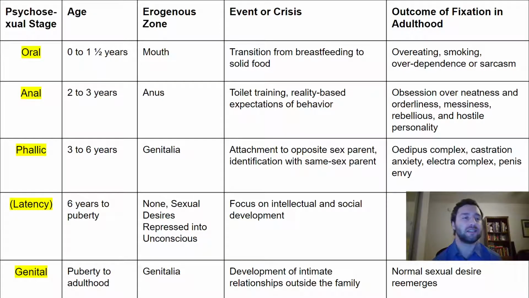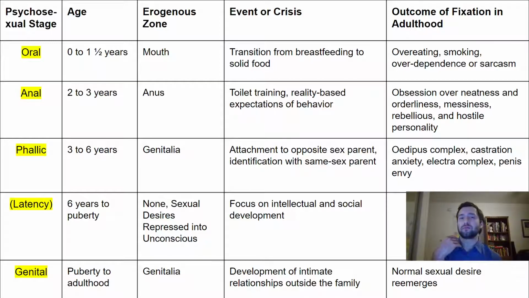Our next stage is the anal stage, which is from age 2 to age 3. The erogenous zone is the anus. The event or the crisis here is toilet training, which is also reality-based expectations for behavior, right? So, our ability to become toilet trained. Our fixation here in adulthood, if we were not successful, would be an obsession over neatness and orderliness.